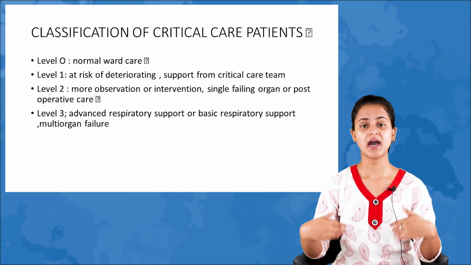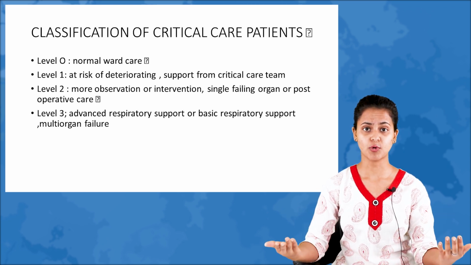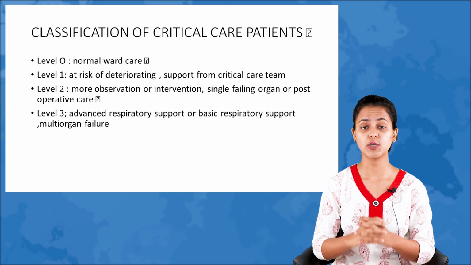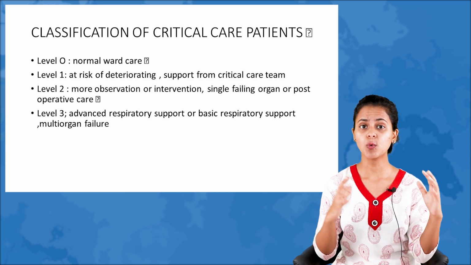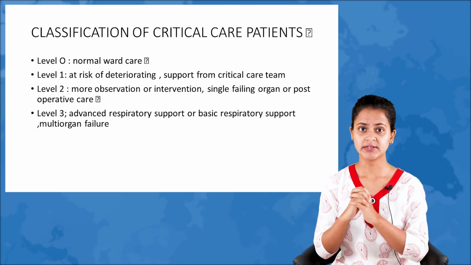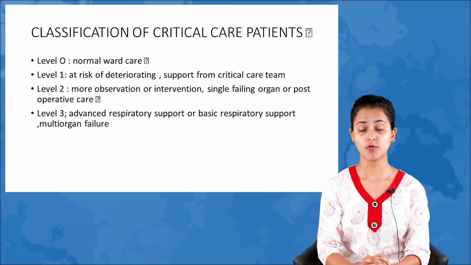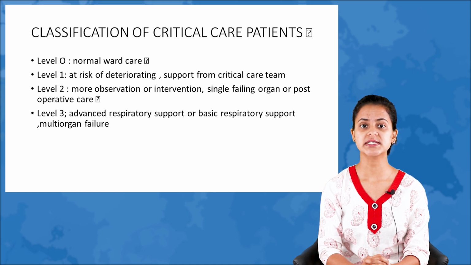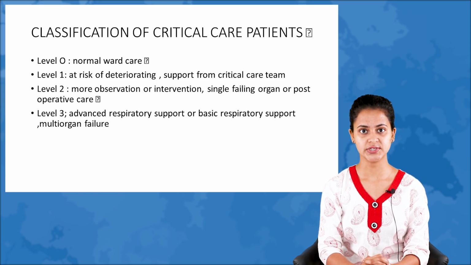That is the reason advanced respiratory support or ventilator support will often be needed for the clients who are admitted in level 3 critical care. For these clients, multi-organ failure can often be present. So that is the reason highly specialized medical and nursing care is needed in level 3 critical care.